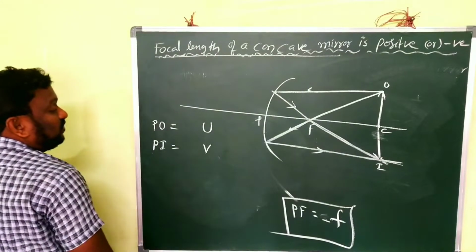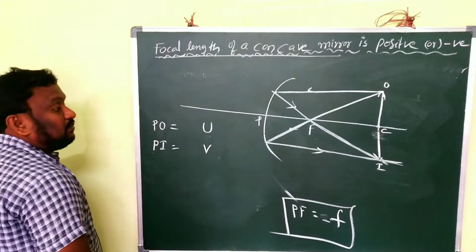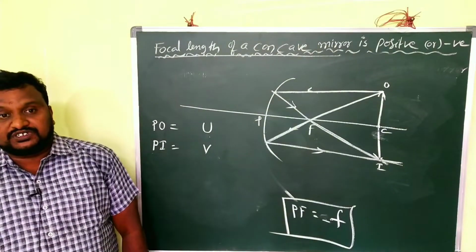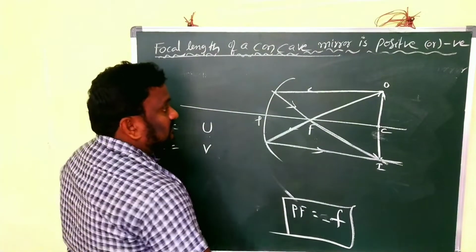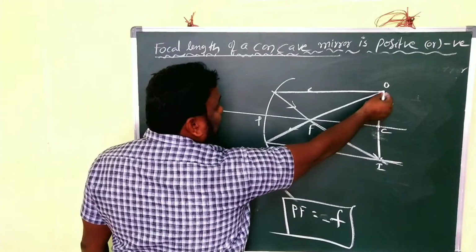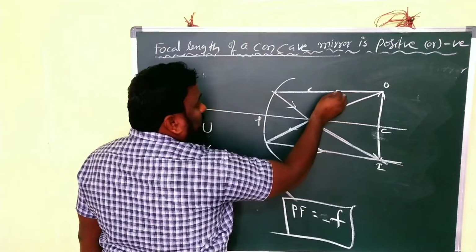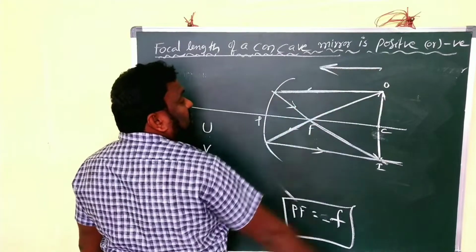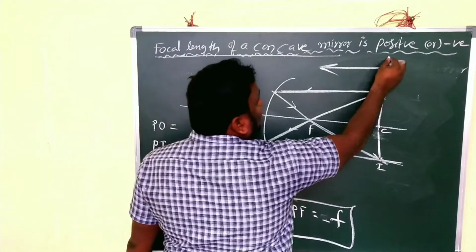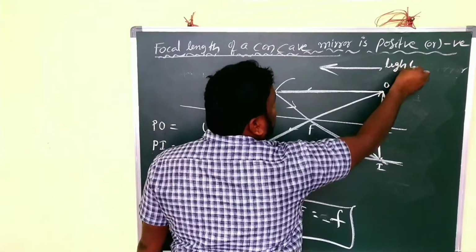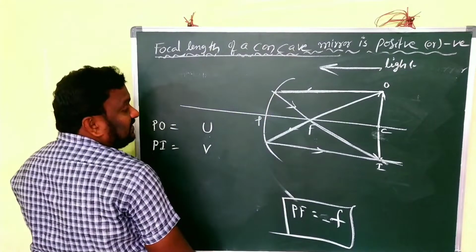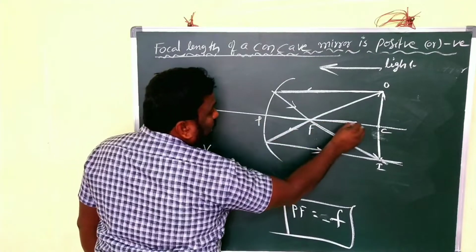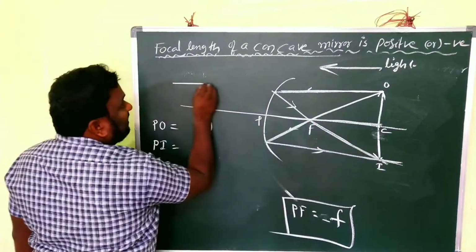So in this case, what about u and v, whether they are positive or negative? Let's go for that. Here, this is the object and this is the direction of movement of light. Incident light is moving in this direction. How are we taking PO? We are moving from P to O, that means we are moving in this direction.